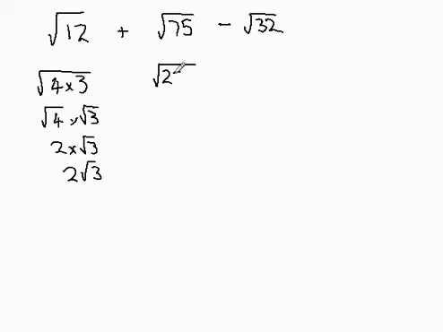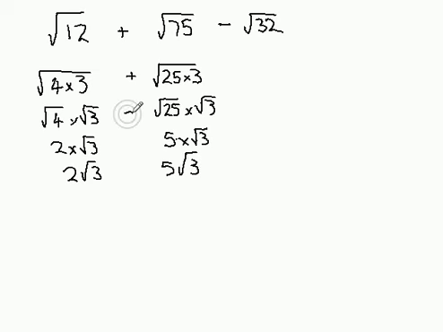That's 25 times 3. Now that becomes the square root of 25 times the root of 3, which becomes 5 times root 3, which is 5 root 3. And of course, they're all positive. There, plus signs. All right.